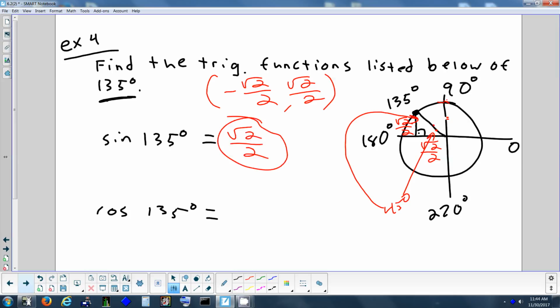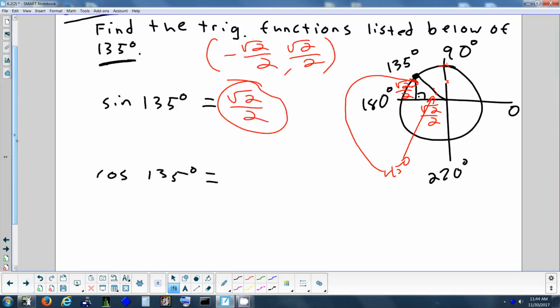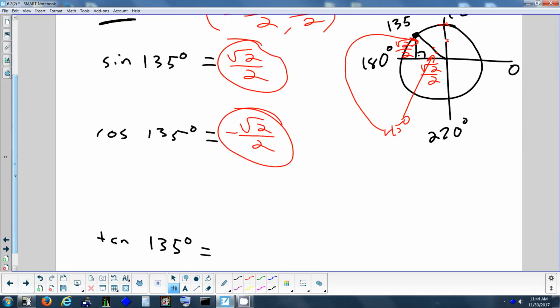One's negative, one's positive. What's the cosine? And if you divide the two of them, y divided by x, what do you get? You divide two things that are the same, except one's positive, one's negative, you get -1.